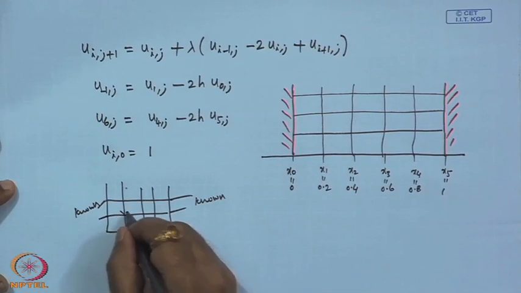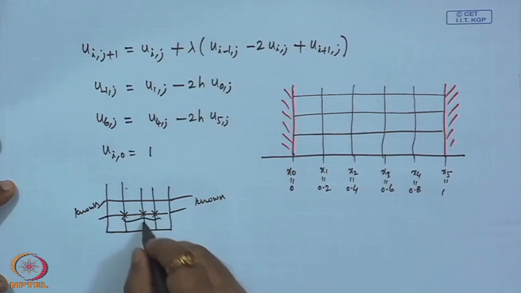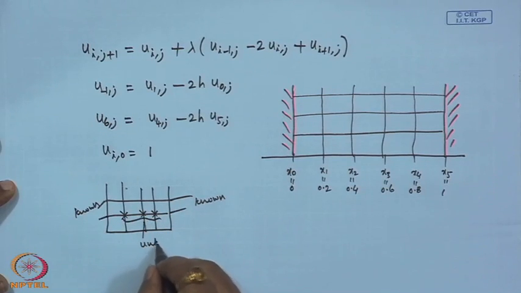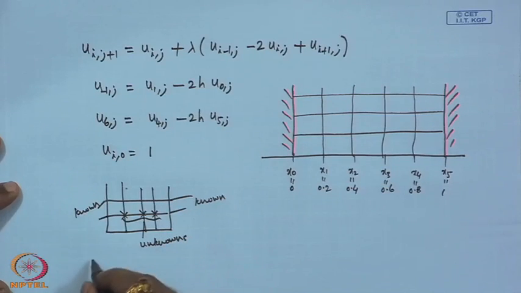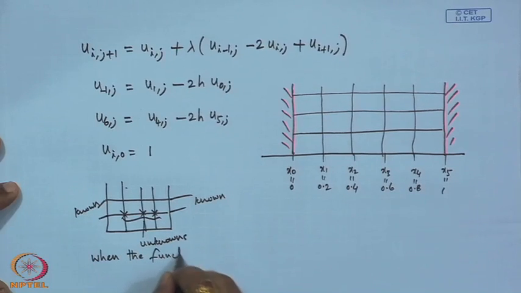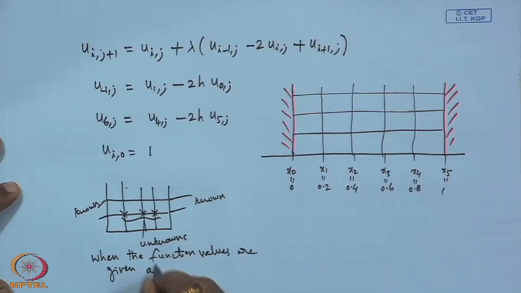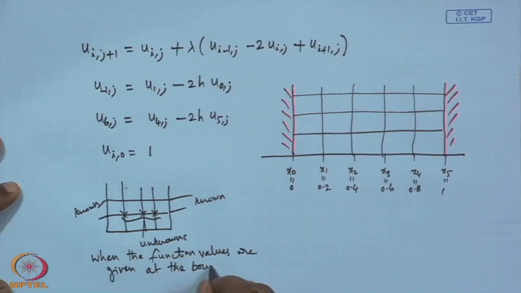So, the unknowns are in this case unknowns. So, what is this case? This case is when the function values are given at the boundary.